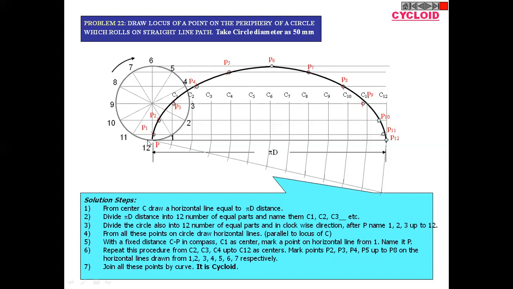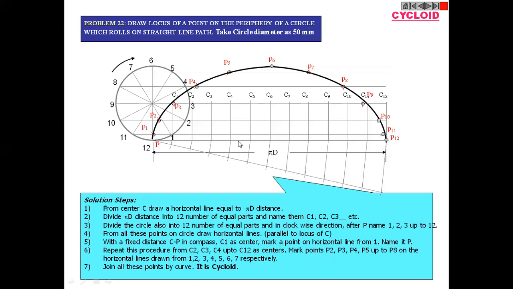You have to calculate the circumference of this circle, which is pi d. Then from the bottom you have to draw a directing line by using the end part of a line technique.